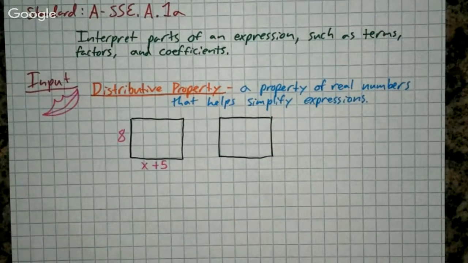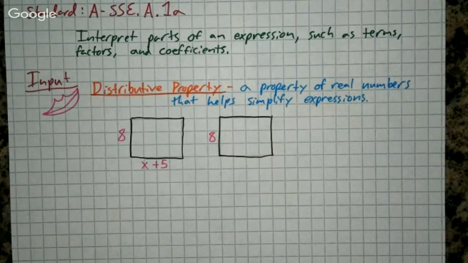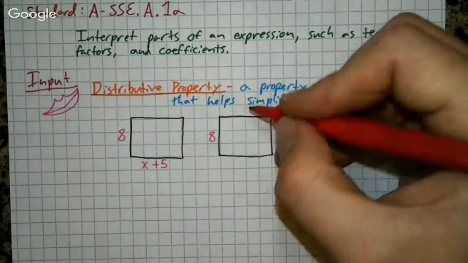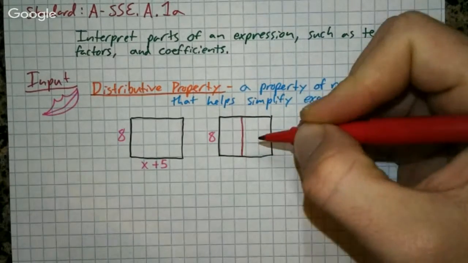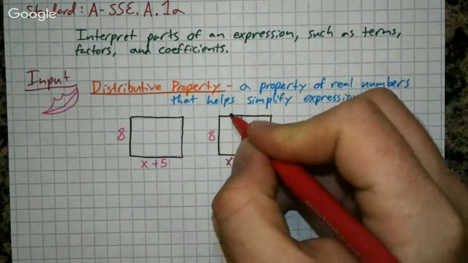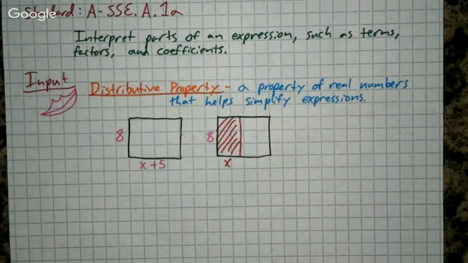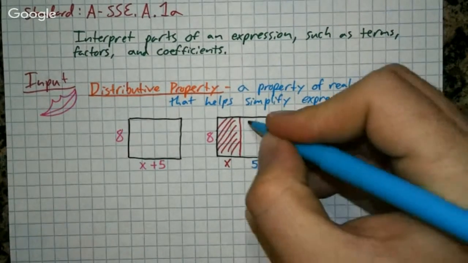And then again, it has 8. But then it doesn't have x plus 5 on the bottom. Actually, the box is split into 2 parts. And on one side, it says x. And the other side, it says 5.